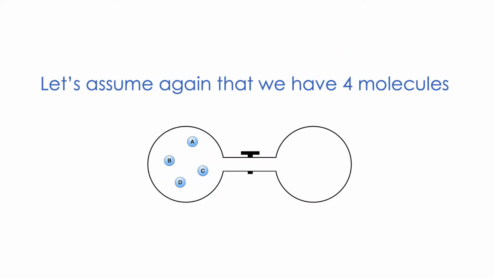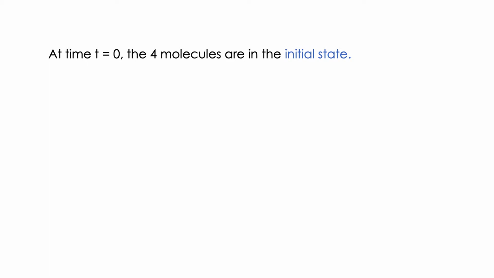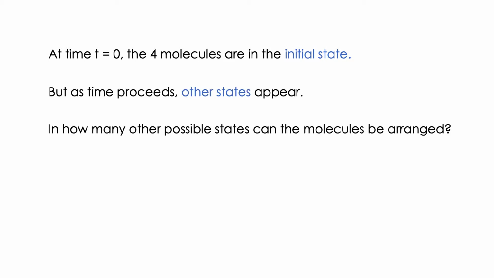So let's assume again we have 4 molecules in the system. At time 0, the 4 molecules are in an initial state. So they're all, we said, on the left side. But as time proceeds, other states appear.